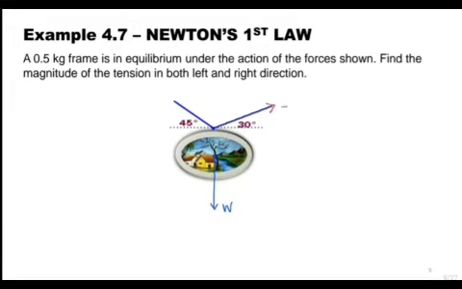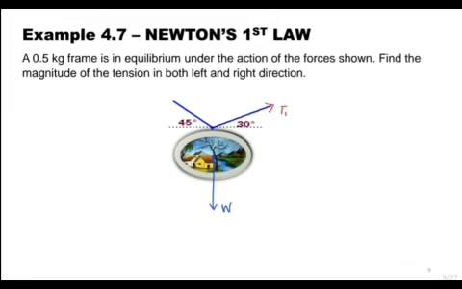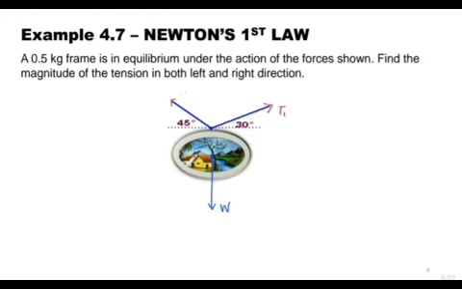Let's label T1 for the tension at the right and T2 for the tension on the string at the left. Then we draw free body diagram. The free body diagram will turn like this.